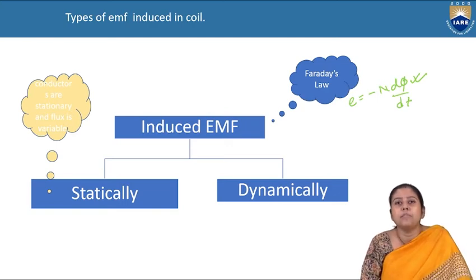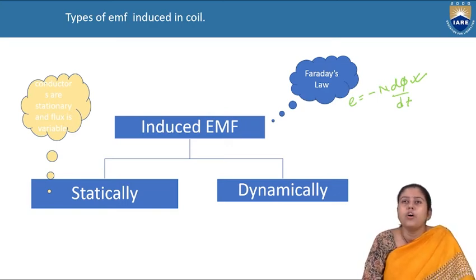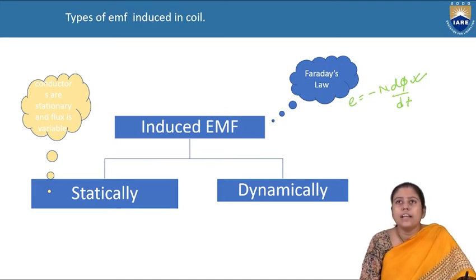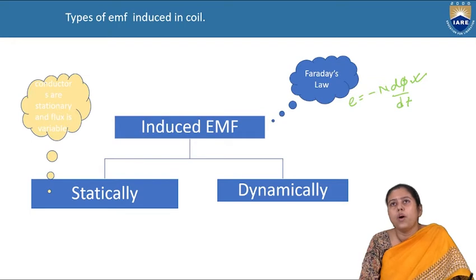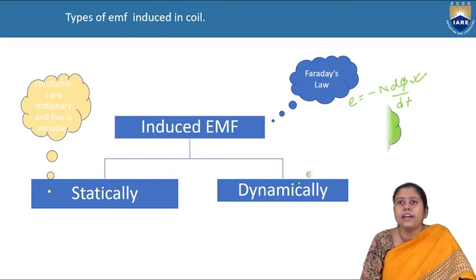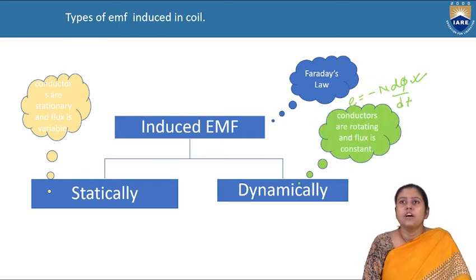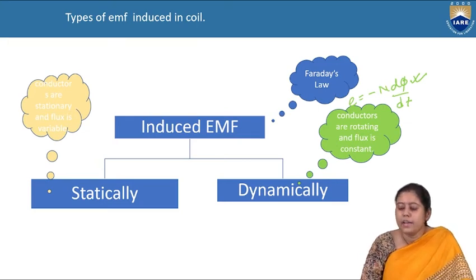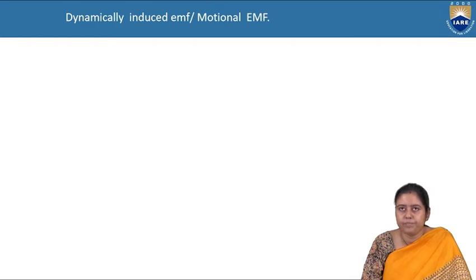This is the example of a transformer. What is the other one? The other one is dynamically changing. Dynamically changing means conductors are rotating but flux is constant. So we got two types of EMF: statically changing EMF and dynamically changing EMF.